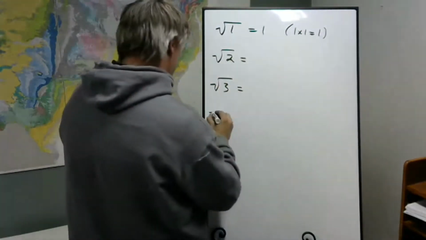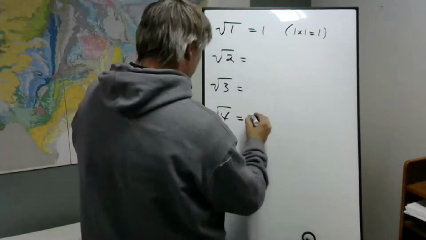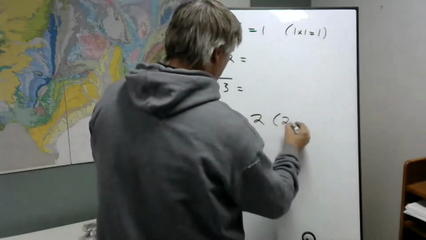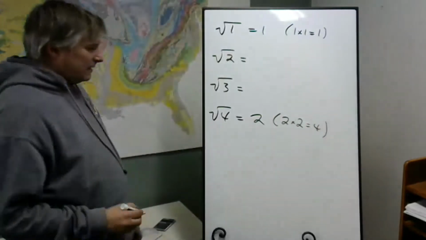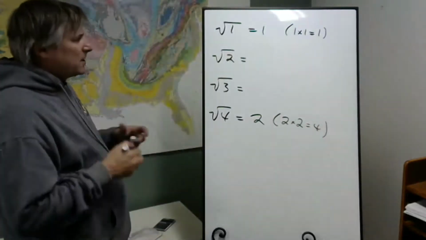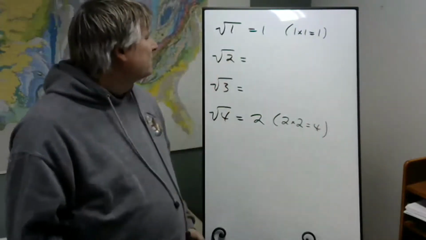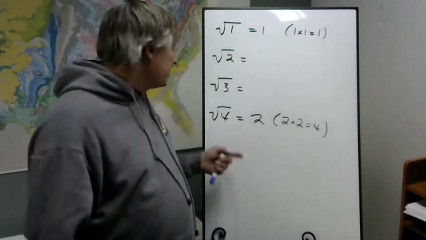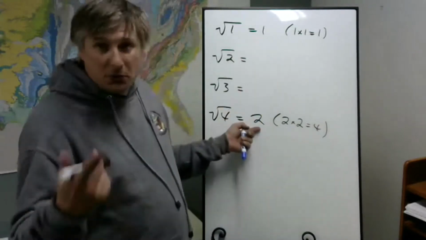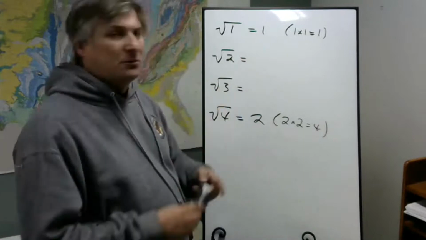Square root of 4. And so what do we do here with square root 2, square root 3? Well, we can write something for square root 1, it's 1. We can write something for square root 4, it's 2. So what do we do for these two?